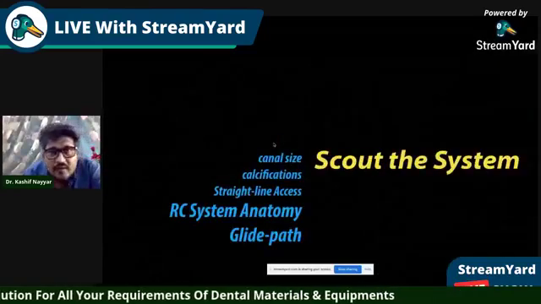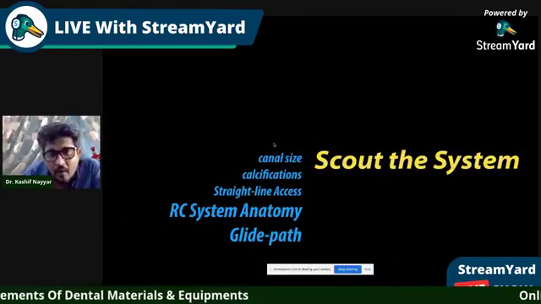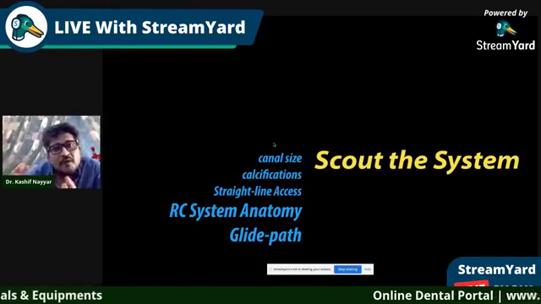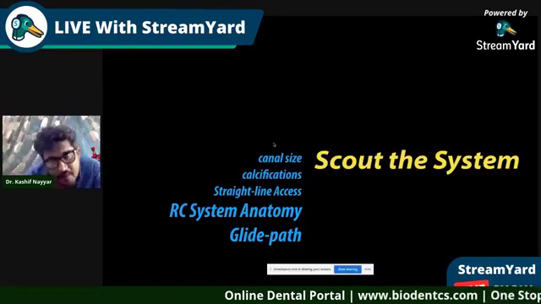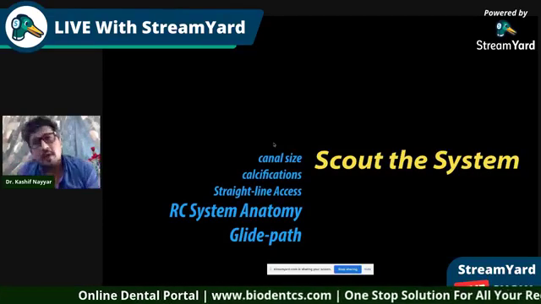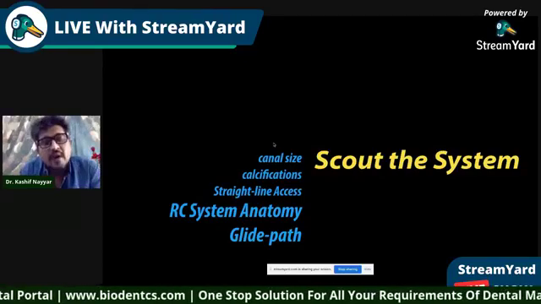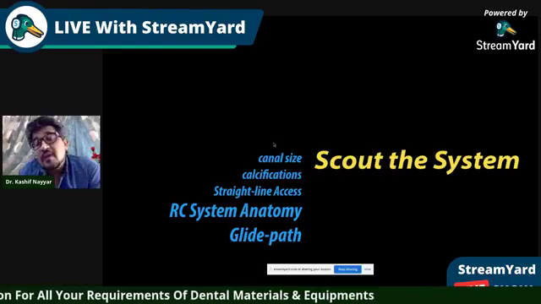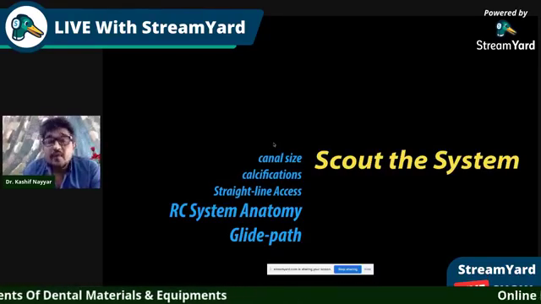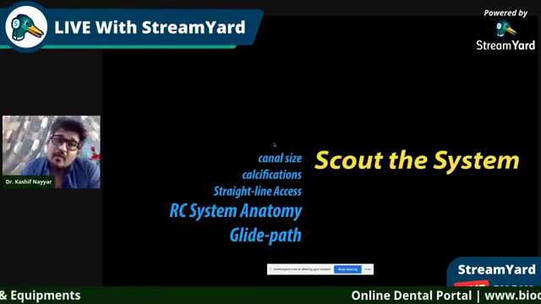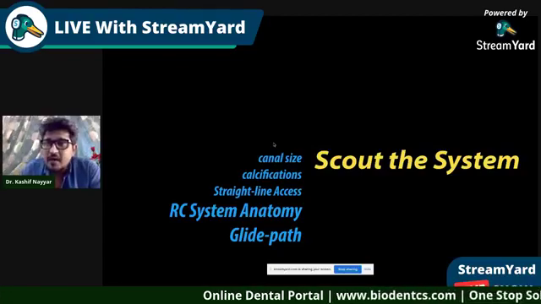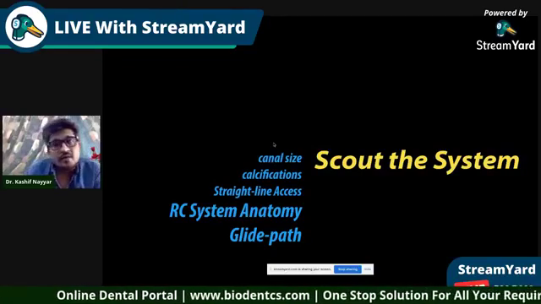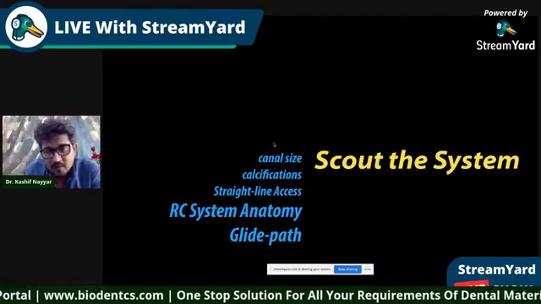So moving on towards the cleaning and shaping part, we have already estimated the size of the canal, checked if there is any calcification, and established our straight line axis. Now this is the part for establishing the glide path. But before we move towards that, we must visualize the anatomical interferences with the instrumentation.